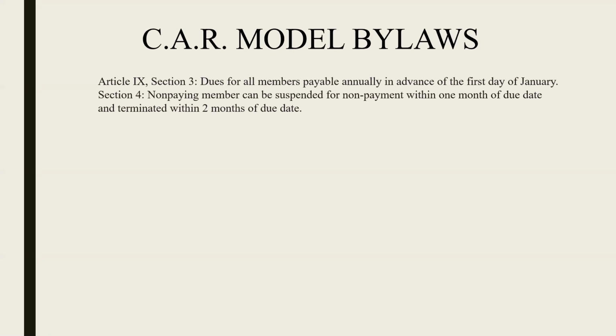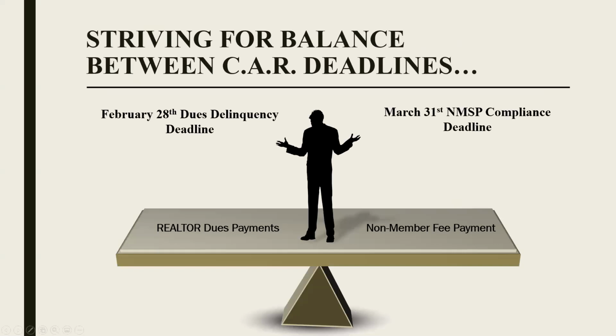And the good news is there are 2 steps in the process, but the process has many layers because some of the steps that you will follow for the February deadline also impact the March 31st compliance deadline. And so we find ourselves trying to strive for balance between the two deadlines because they are so close together.